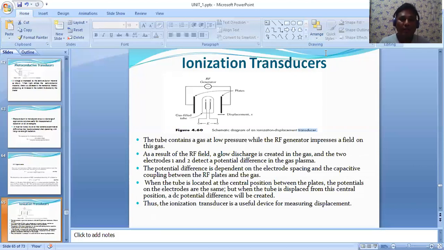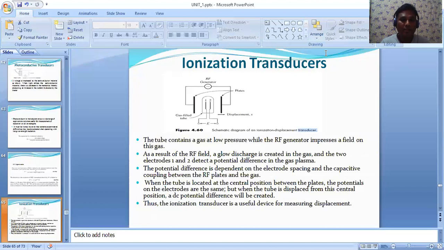The tube contains gas at low pressure, while the RF generator impresses the field on this gas. As a result of the RF field, a glow discharge is created in the gas, and the two electrodes, 1 and 2, detect the potential difference in the gas plasma.